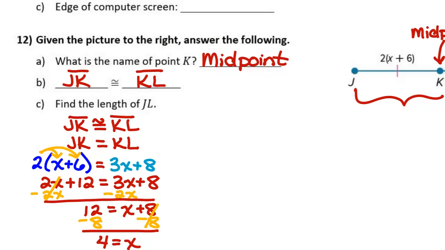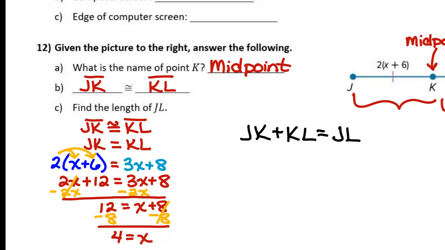Well, JL is JK plus KL put together. That gives me JL. JK is 2 times x plus 6. KL is 3x plus 8.